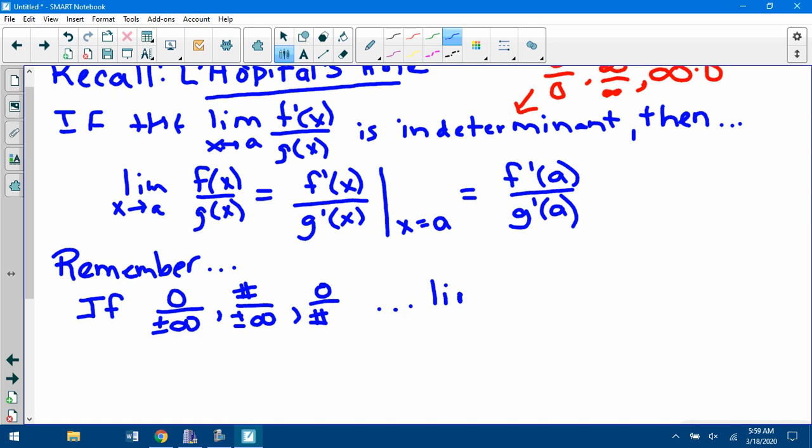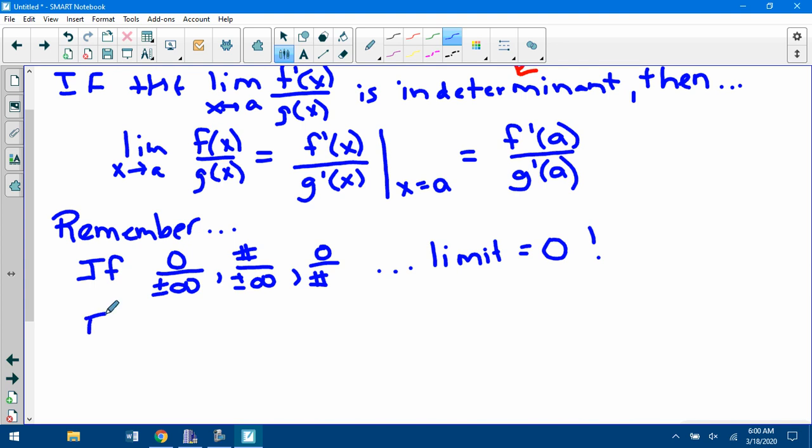Those limits would always come out to be 0. So not indeterminate, we wouldn't use L'Hopital. Especially with this last one, if I get like 0 over 5, the answer is 0. This one I think we do a lot too. If I have like 5 over infinity, well, constant over huge goes to 0. This one's maybe a little less common, but if the top comes out to be 0, pretty much no matter what the bottom is, as long as it's not undefined, the limit would be 0.